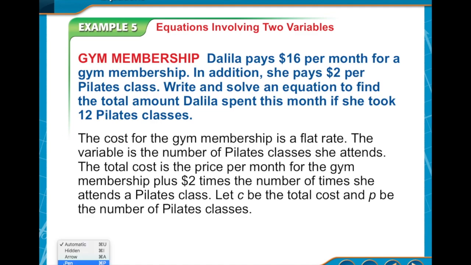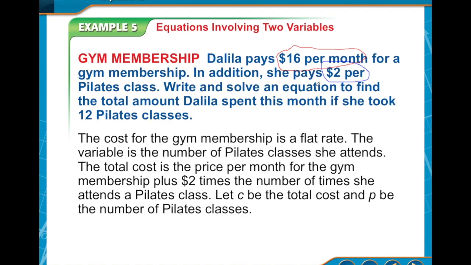So I'm going to circle the things that I think are important. So $16 each month, that's important. And the $2 for each Pilates class, that's also important. So those two numbers are going to come into play.